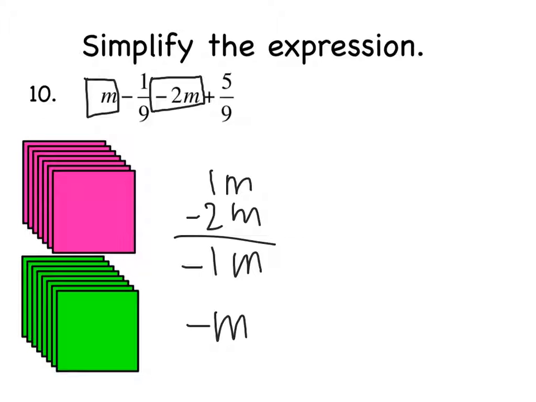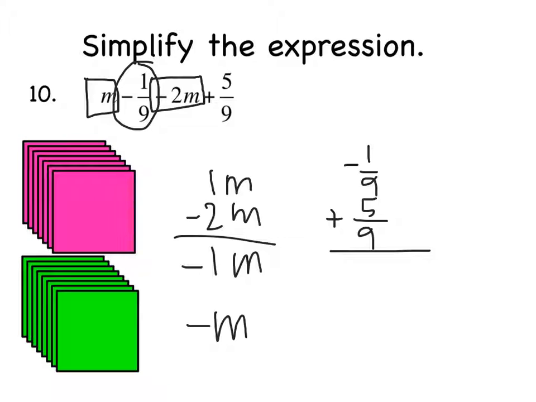Either way works. Then I'm going to add together my constants. So I have -1/9, and I'm going to add 5/9. Okay, so imagine that I have a pan of brownies that I cut into 9 equal pieces. Okay, so I have 5/9 left over, and then I'm going to take away one more.